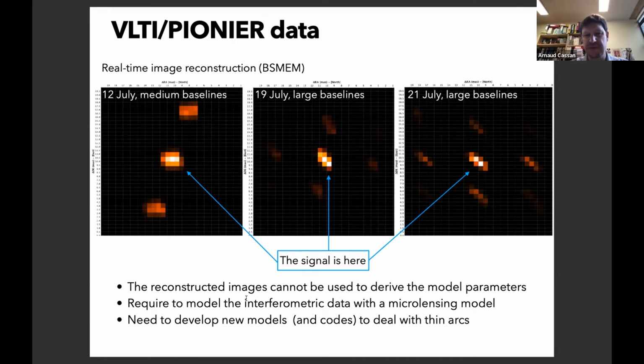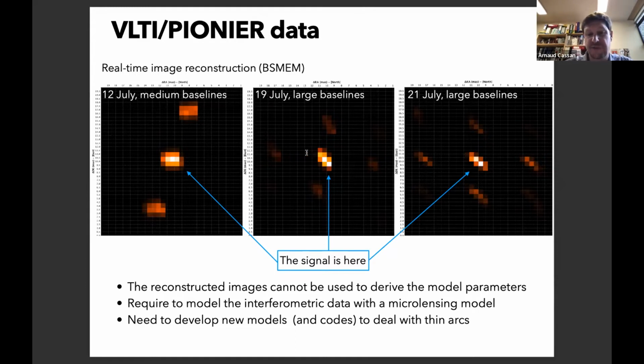So at the end, when we made a first detailed look at this data, not yet at the visibilities individually, but just at this very simple non-parametric reconstruction, it appears that the signal is contained in this small blob, as a collaborator said, small blob. And the question is, of course, how will we analyze this data?